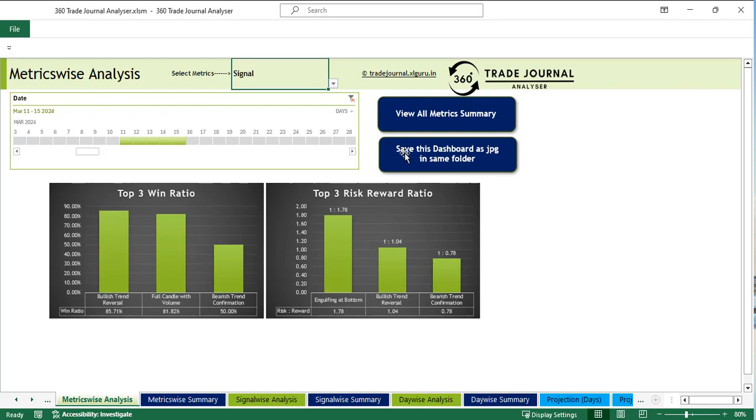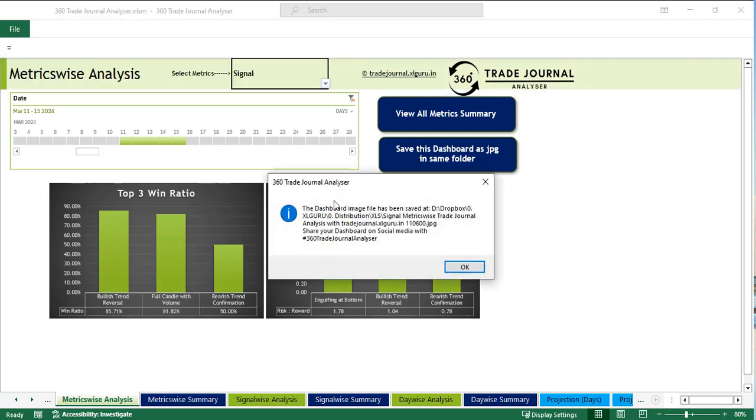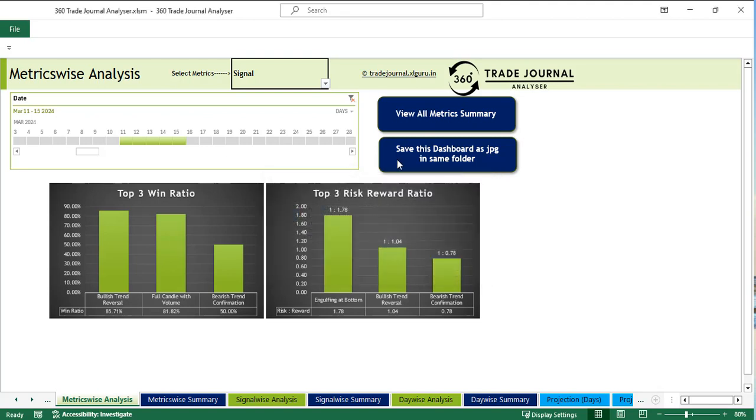So this is all about analyzing your trade metrics wise, and finding your best win ratio and best risk reward ratio, right? And the last thing you can do is save this as a picture in the same folder where this file is staying, which is very good if you want to share it on social media or save it for future purposes, right? So this is all about the metrics wise analysis dashboard.